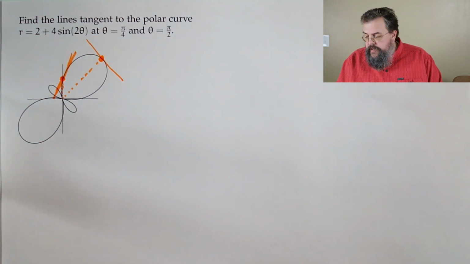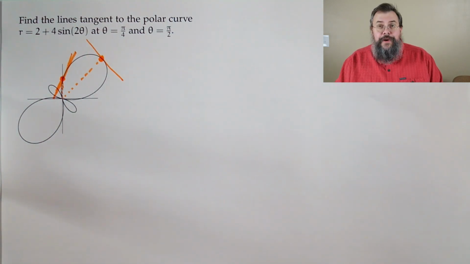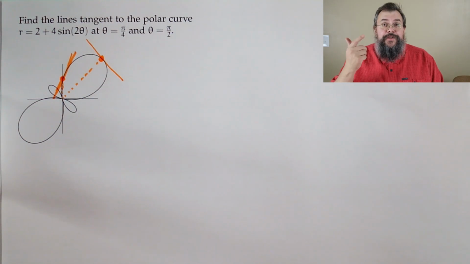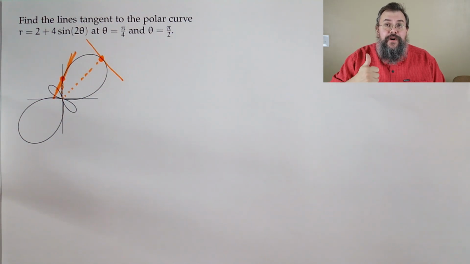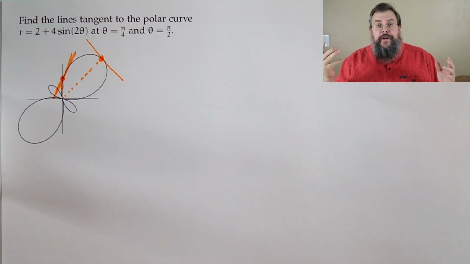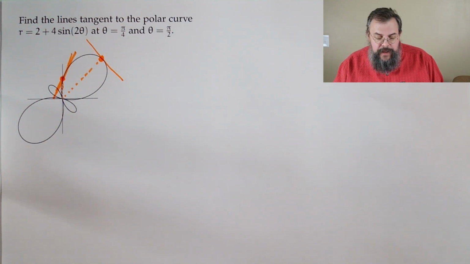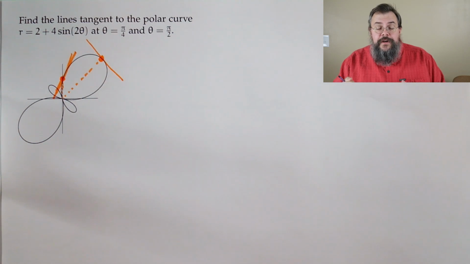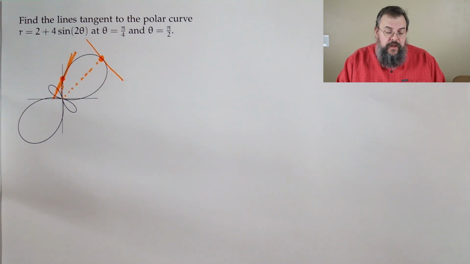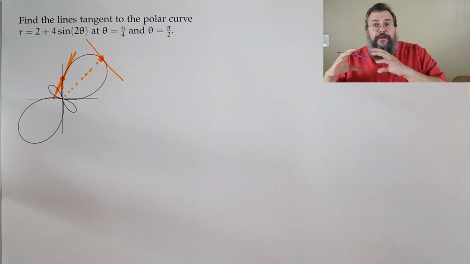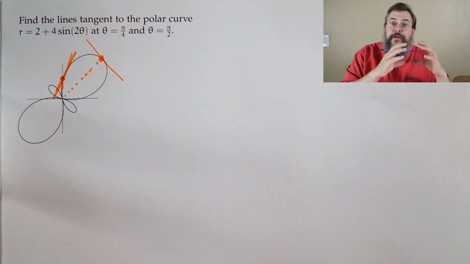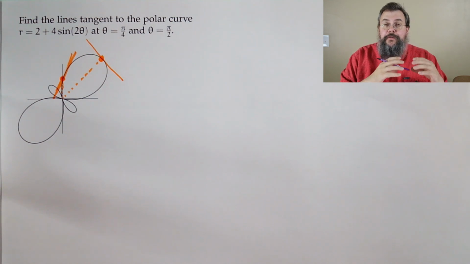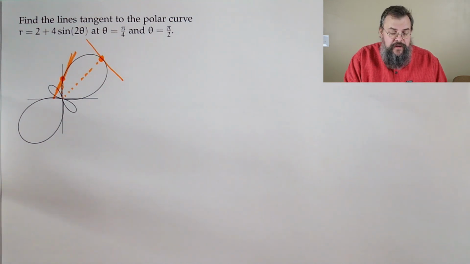Now how do we find our tangent lines? Well, whenever we're looking for lines, you always look for two pieces of information: point and slope. Easy to do, easy to keep track of. So we're after point and slope for these pieces. To help us out, we should take our polar curve and translate it to parametric, because we know how to do things for parametric.